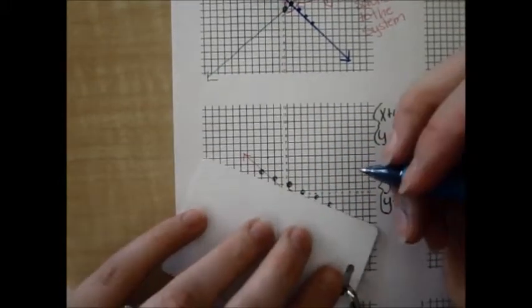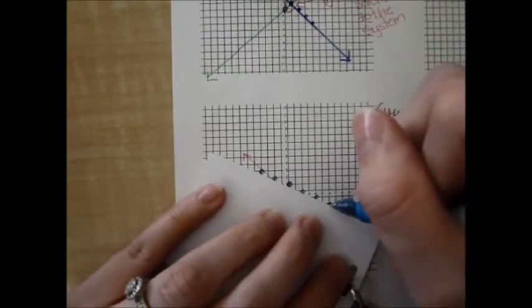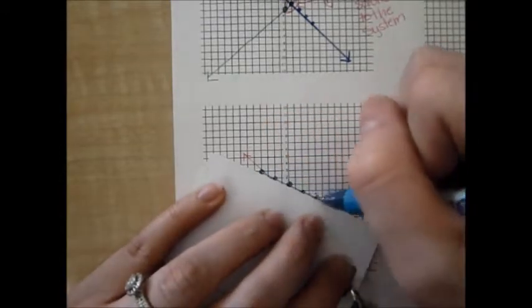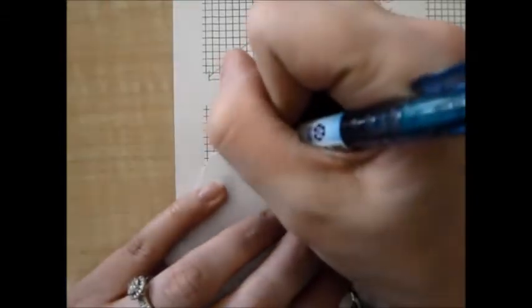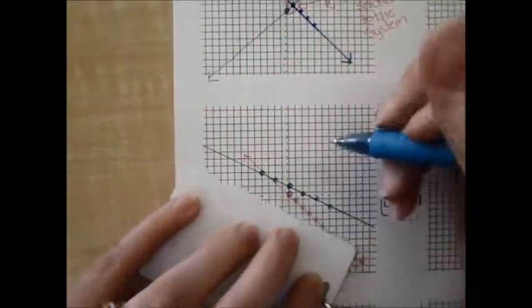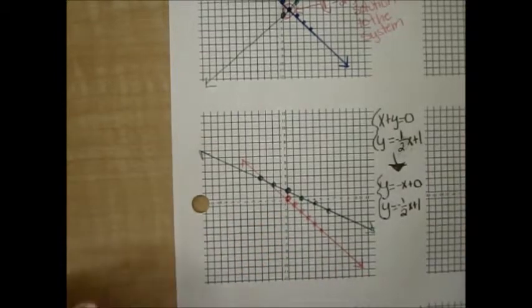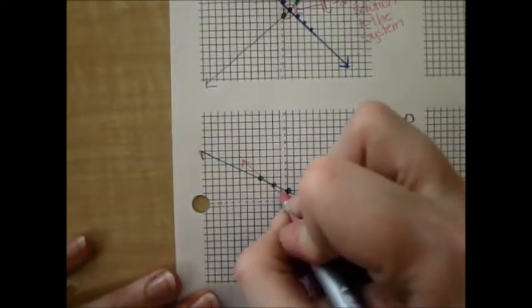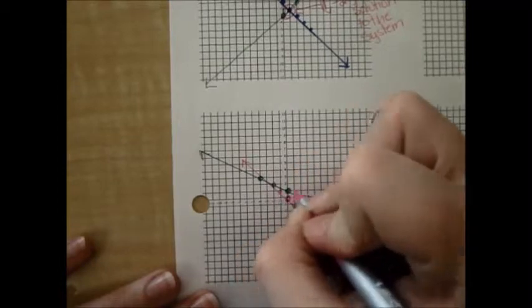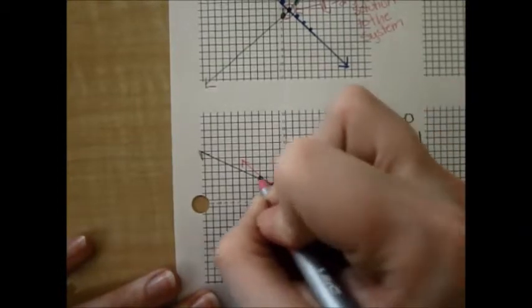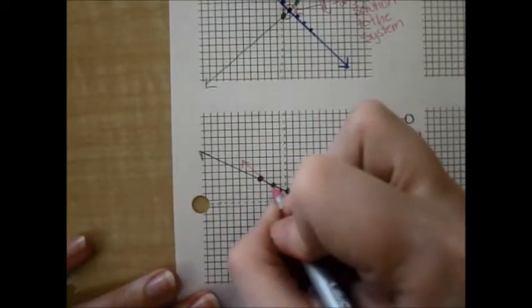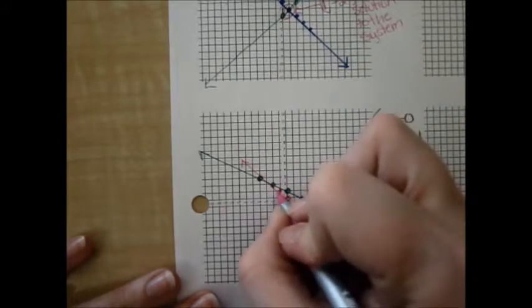Draw my lines. Now you can see with these two lines, it's really important to make sure your lines go all the way to the edge of your graph and not stop them in the middle like I did on this pink line, because if I stopped it, I wouldn't see exactly where they cross. Up 1 over 1.